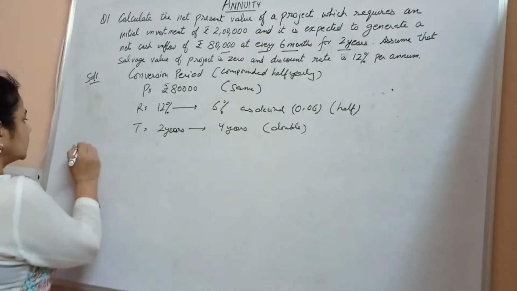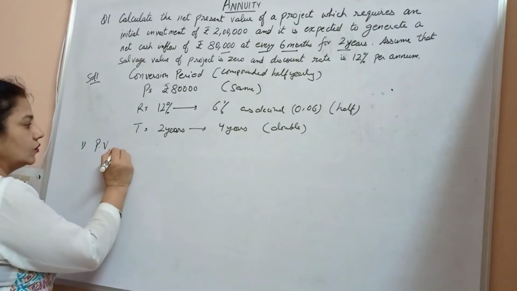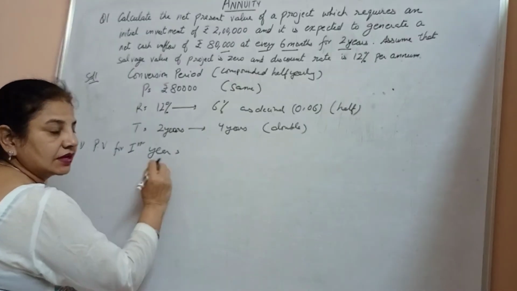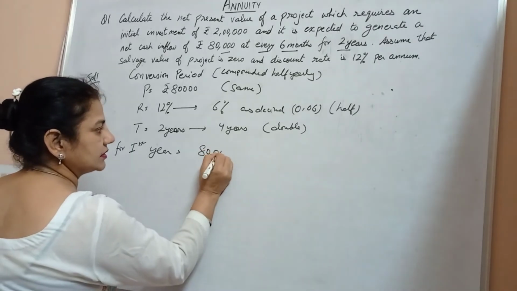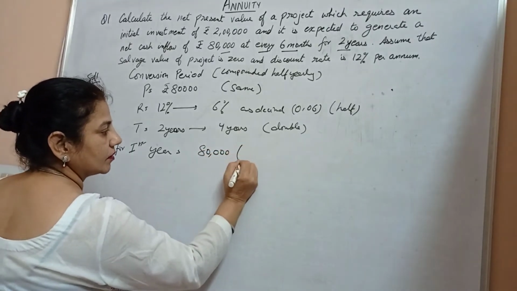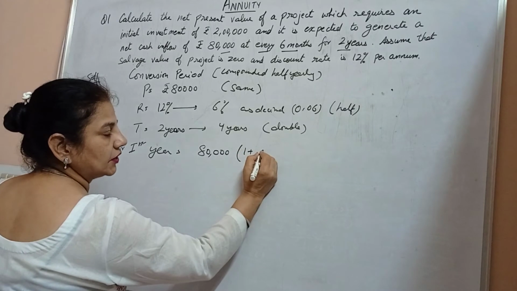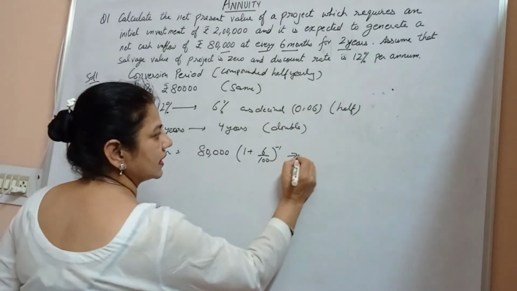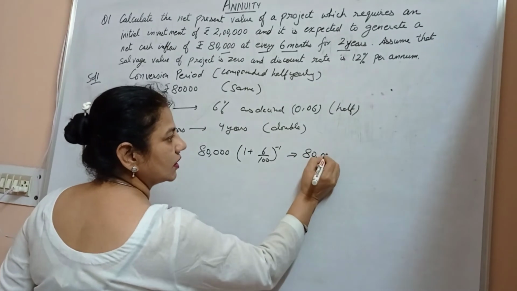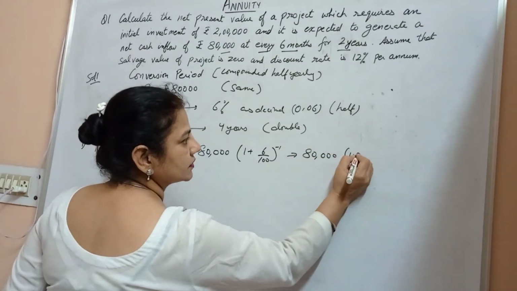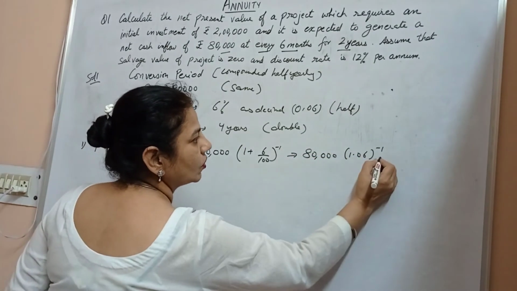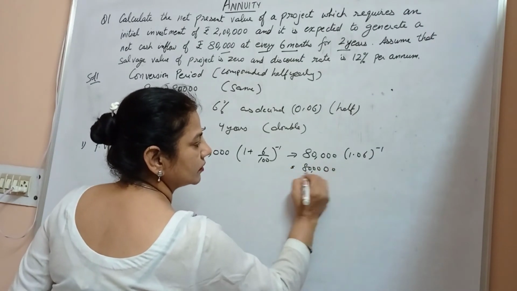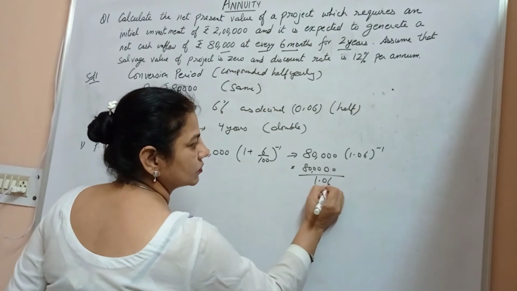So we will have the present value for the first period given as the principal 80,000 times 1 plus 6 upon 100 whole to the power minus 1, which gives us 80,000 times 1.06 to the power minus 1, or you can say 80,000 divided by 1.06.